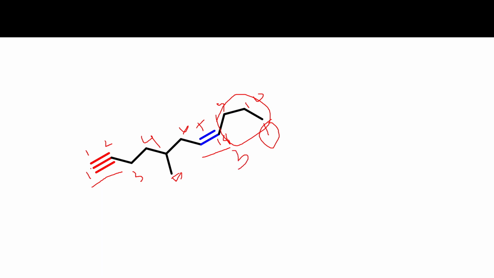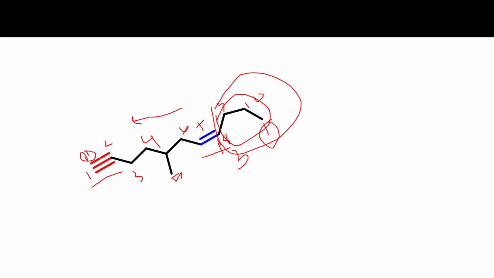And if we start from this side, then the triple bond will be number one position, so that will be preferred. But if this chain is not present, then the numbering starts from the double bond side only, and the triple bond will get the last number.